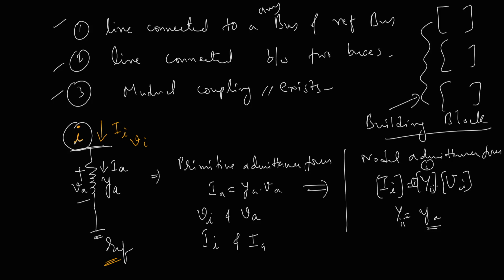So a branch or line connected between a bus to reference, its nodal admittance form is simply Ii = Yii Vi of all single elements. Okay, right? Now this is the building block.